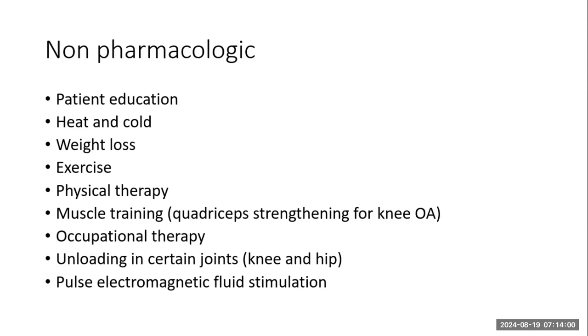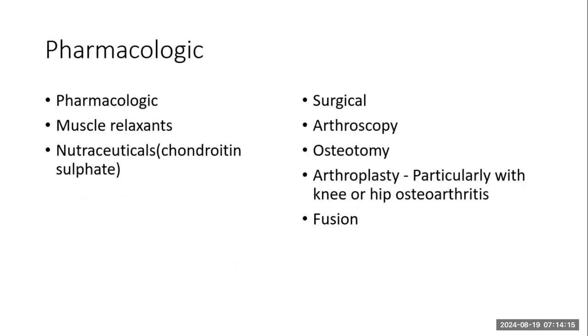They've also talked about Tai Chi and yoga as effective in the management of osteoarthritis. Then there are muscle training, occupational therapy, unloading of joints. Then they have talked about pulsed electromagnetic field stimulation. So pharmacological, the things I've mentioned earlier. Additionally, a muscle relaxant can be used for the patient, which relieves pain. And then nutraceuticals.